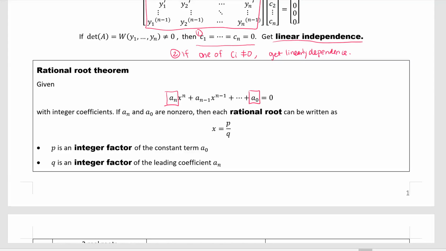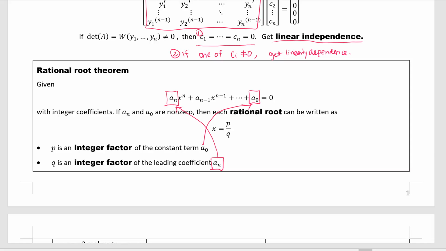If a sub n and a0 are non-zero, then each rational root can be written as x equals p over q, where p is an integer factor of the constant a0, and q is an integer factor of the leading coefficient a sub n.